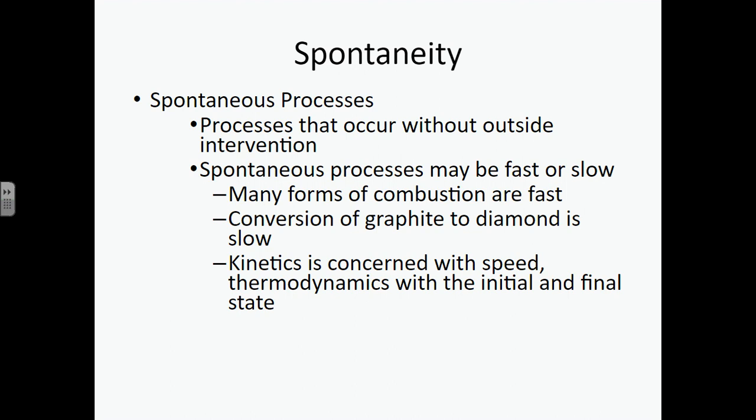What also should stand out with rust is that spontaneous processes don't have to be fast. They can in fact be slow, gradual progressions, but they just highlight that there's not a lot of external energy required to make them happen.